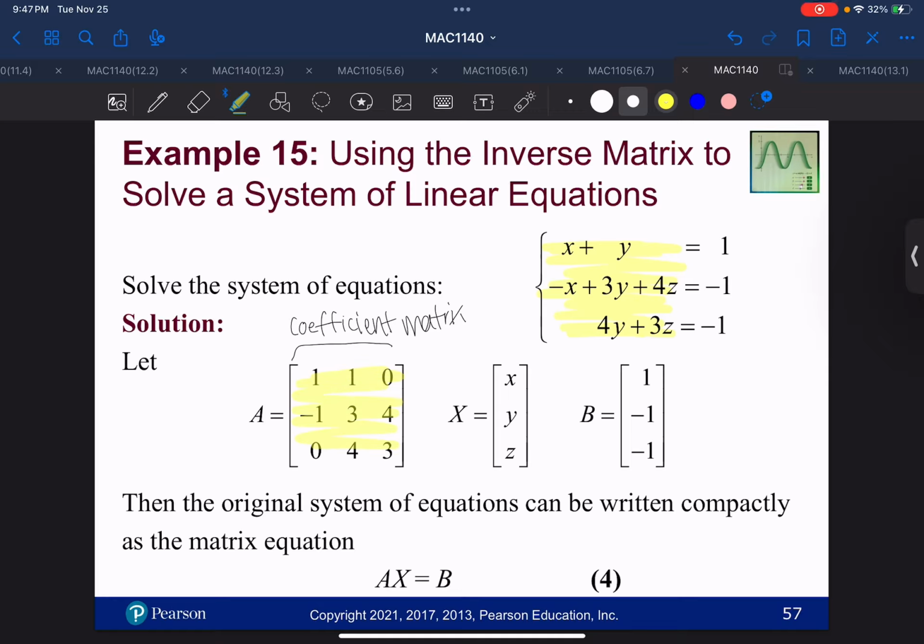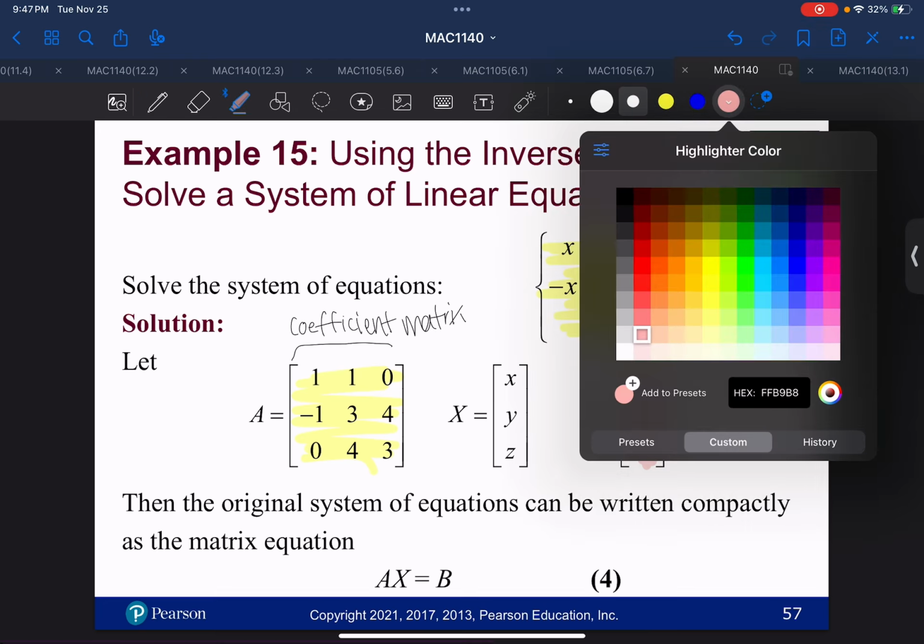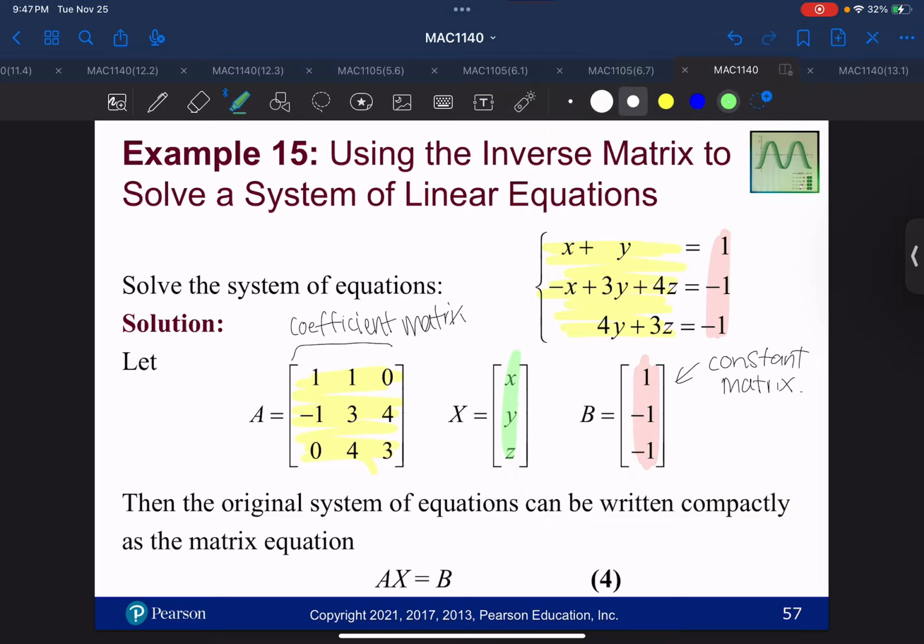And then the constants on the right can be written as the constant matrix, or the solution, because it's equal to those numbers. And then this matrix in the middle is the matrix of the variables, x, y, and z.